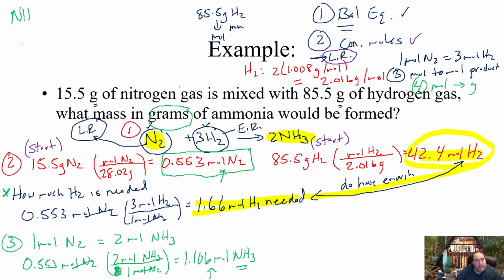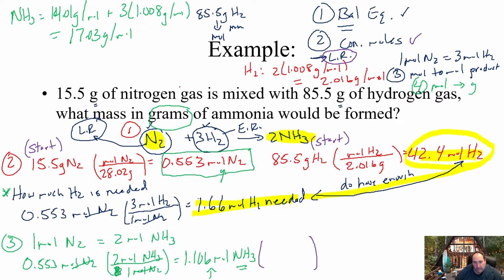NH3 from the periodic table, we have 1 nitrogen at 14.01. We have 3 hydrogens at 1.008. So 14.01 plus 3 times 1.008 is going to give us 17.03 grams per mole. And that's what we're going to use here on our final fourth step.